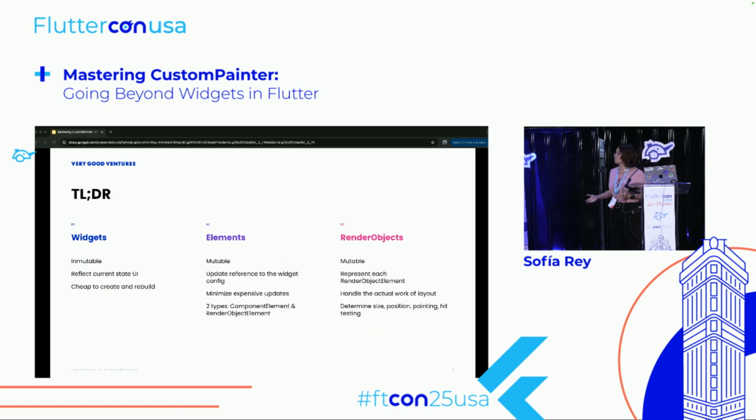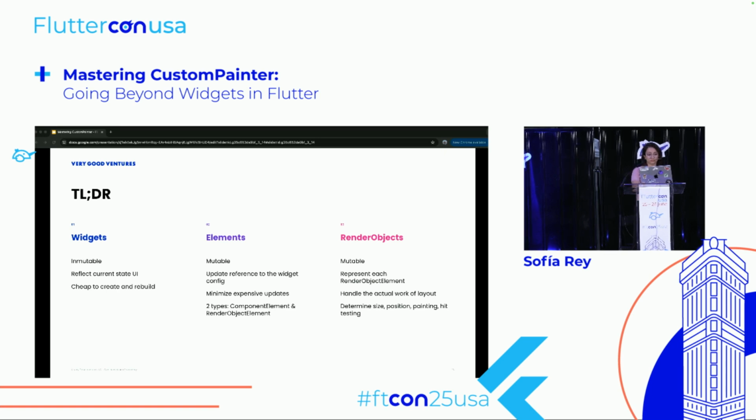Each render object element, as I mentioned, creates a render object. So quickly to recap, basically the first tree is immutable, reflects the current state of the UI, and is cheap to create and rebuild. Then the second one is mutable, and updates the reference to the widget config. So if something changed in our widget, our element will update it.